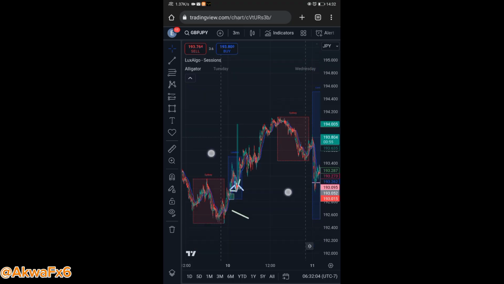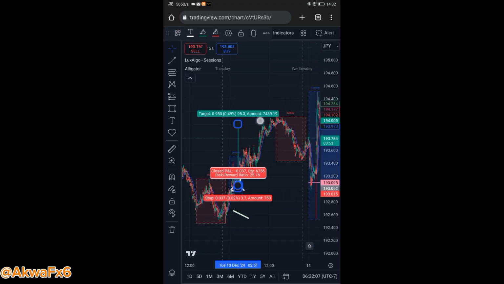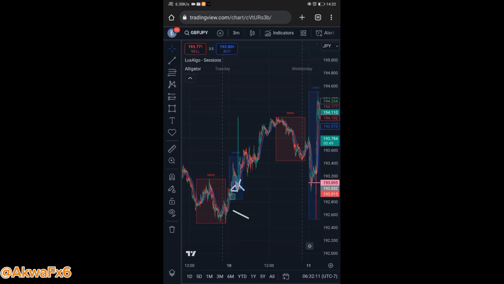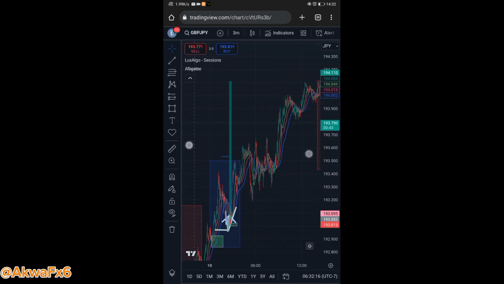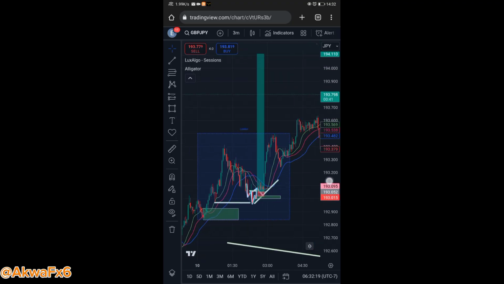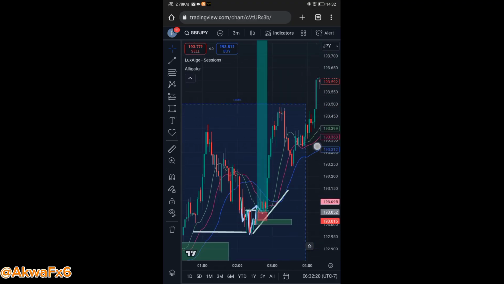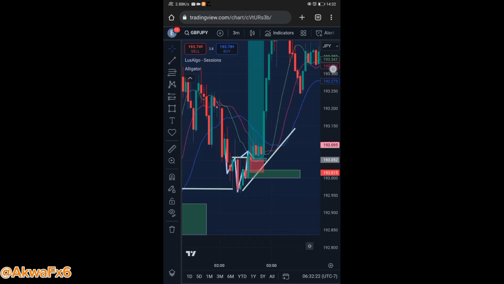If you want to target the main high, that means you can have 1 to 28 right there. So you can go with 1 to 20 or 1 to 20 something. That is just based on me trying to take the trade at the very wick.